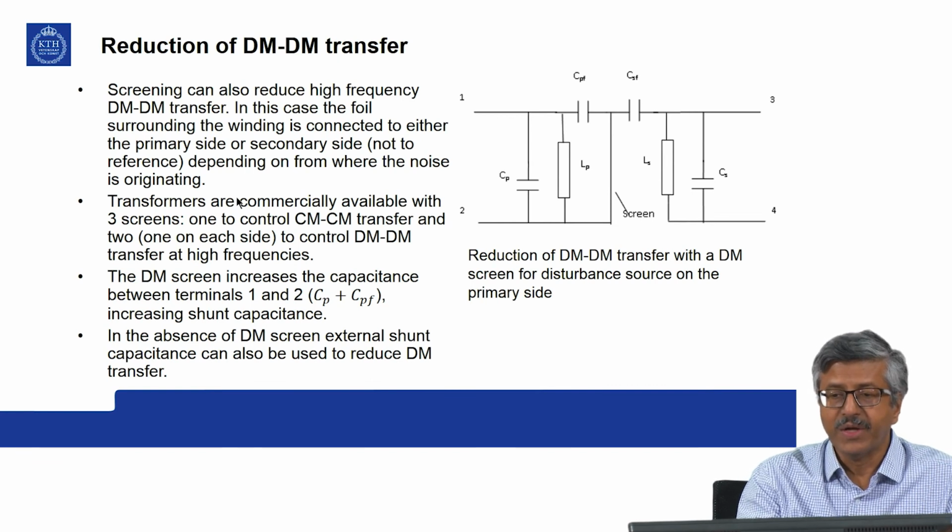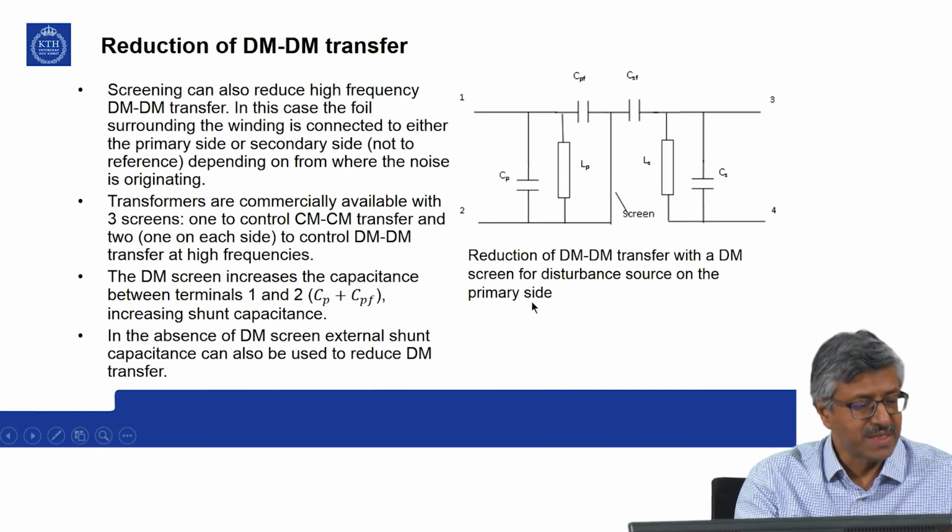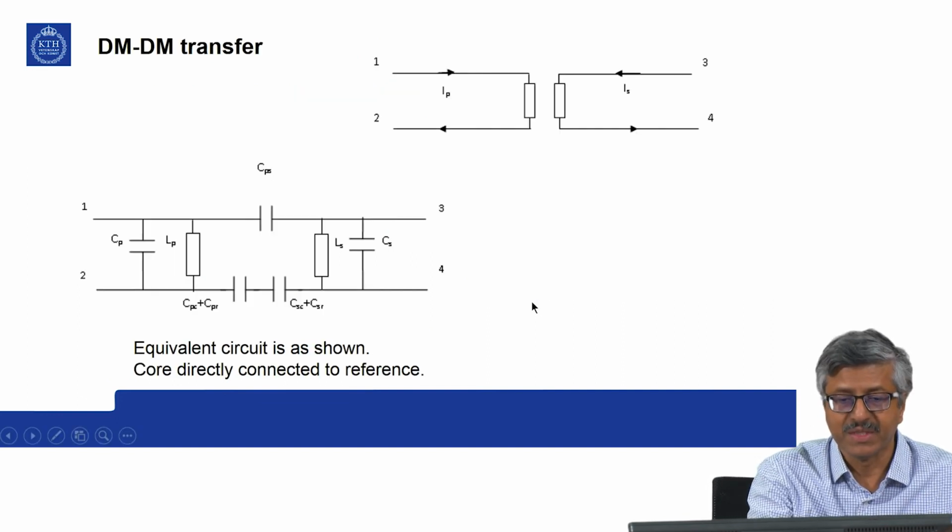So, how do you reduce DM to DM transfer? So, CPF and CSF in the previous, CPS is the one.